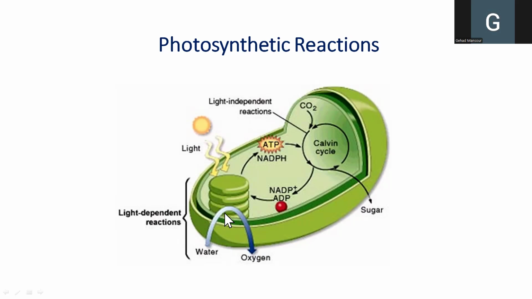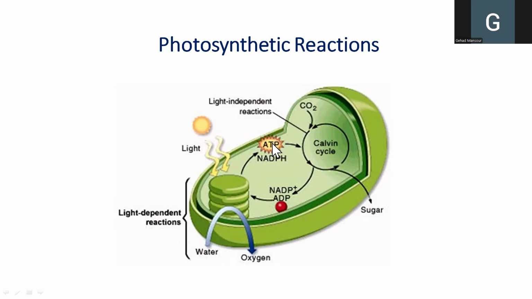And then at the end of the light-dependent reactions that start by the falling of the light energy onto the chlorophyll, the photolysis or the breakdown of water and release of oxygen will result in the formation of two important products, and we will be seeing how.